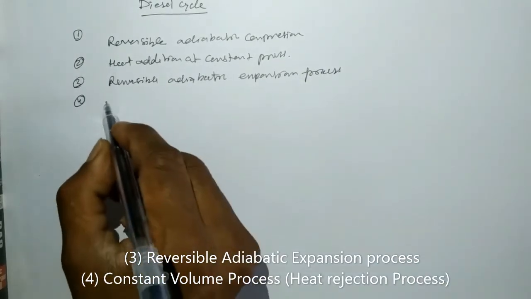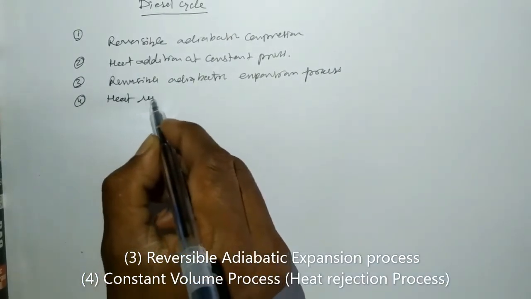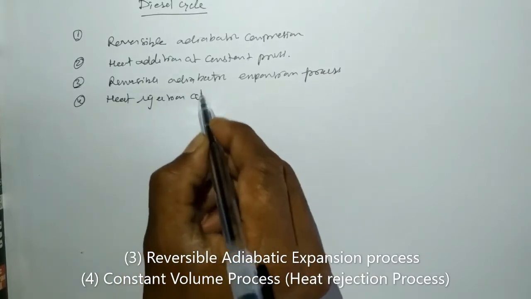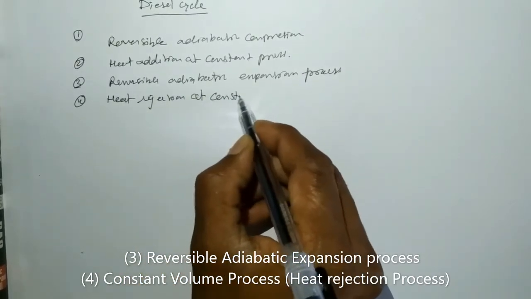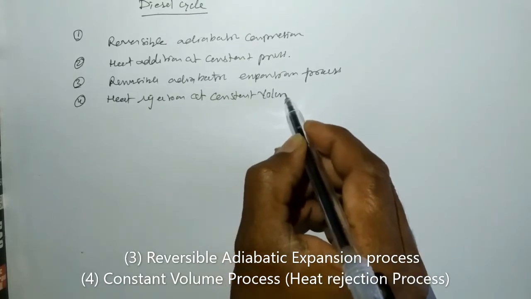And fourth is heat rejection at constant volume process.